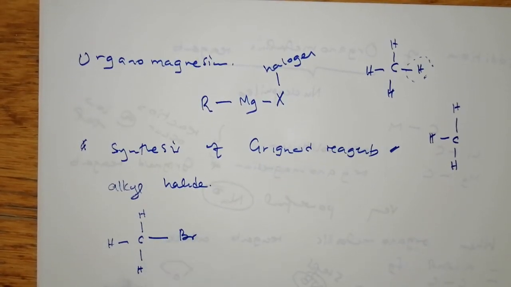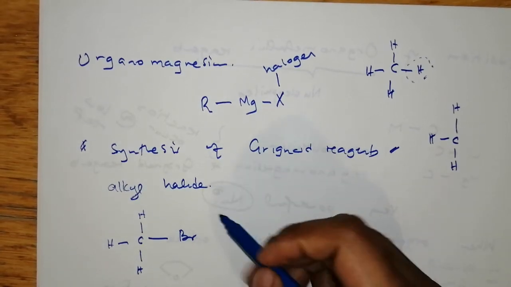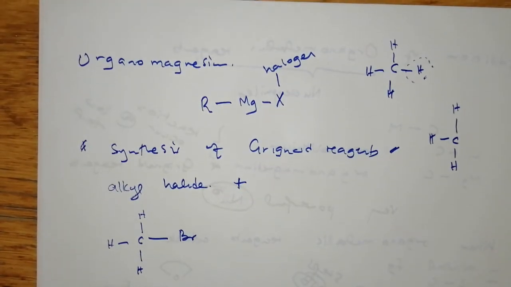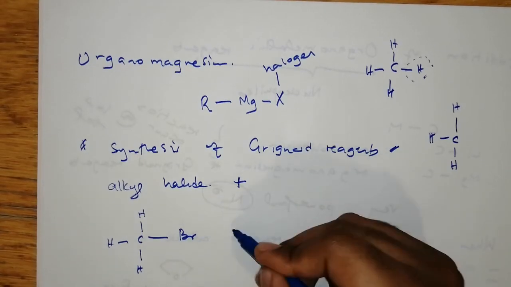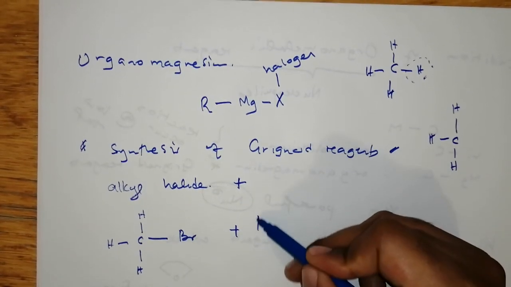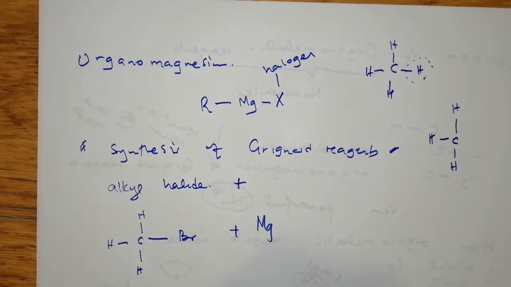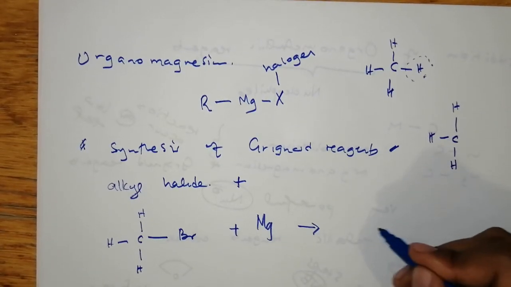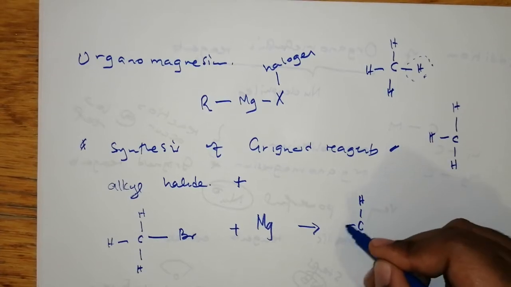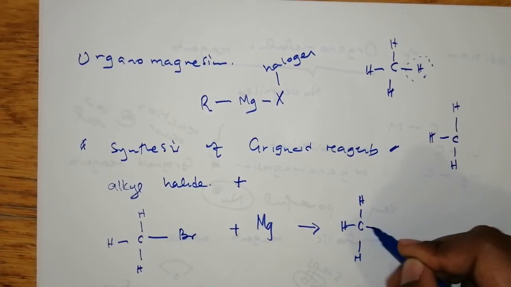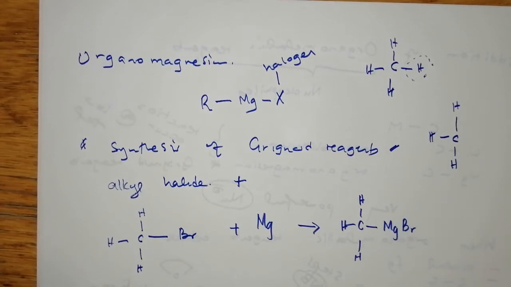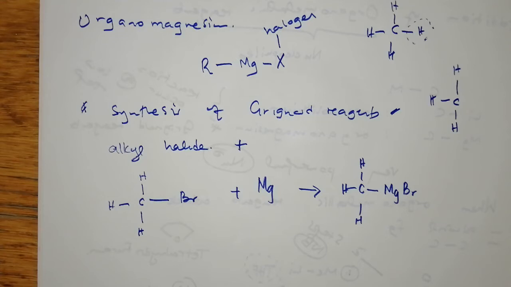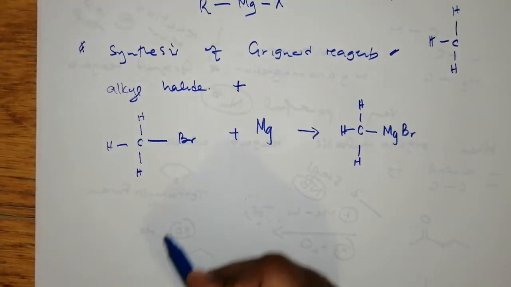This is called bromomethane. To make Grignard reagents, you need an alkyl halide and you add magnesium into that. Then magnesium will be directly attached to the carbon right there.